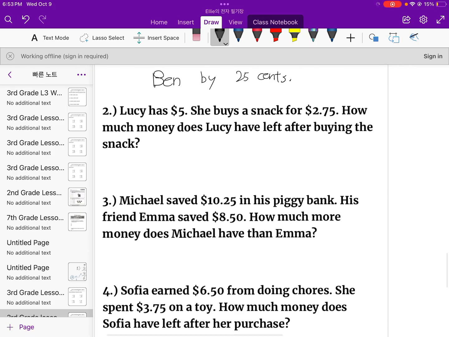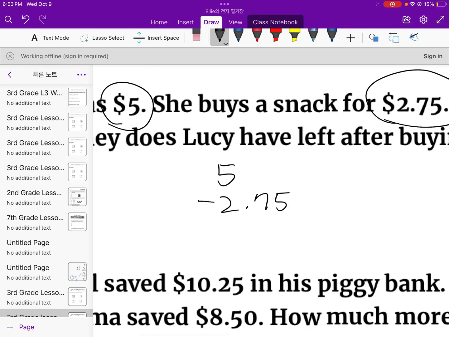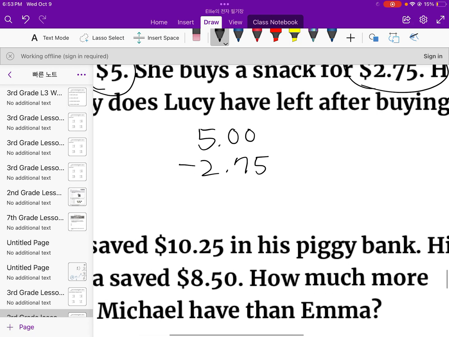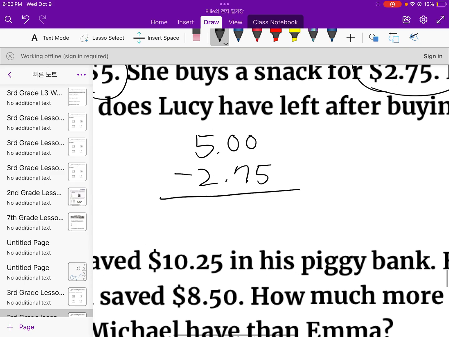Number 2. Lucy has $5. She buys a snack for $2.75. How much money does Lucy have left after buying the snack? So $5 and she buys a snack for $2.75. So we'll do 5 minus 2.75. But since there's no decimal place here, we'll just put 0, 0, because 0 doesn't do anything, it's the same thing. So I'm just gonna subtract it now. So we'll borrow 1 from 5 because zeros are less than numbers on the bottom.